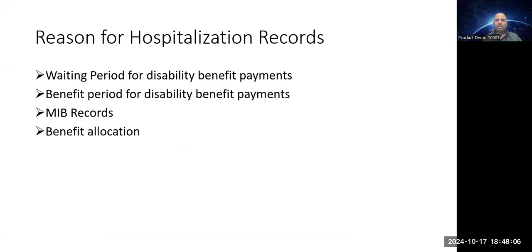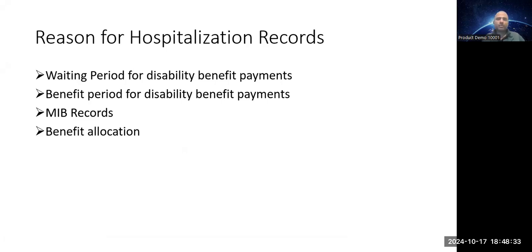That's the reason why, when you do get paid, you get paid based on the allocation for those benefits. So let's say if your first day hospitalization rider pays you $100 a day, then they want to make sure they pay you for each and every day that you were at the hospital. That's the reason why they need the hospitalization record.